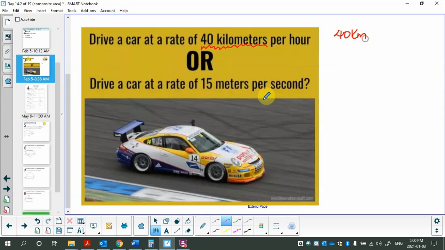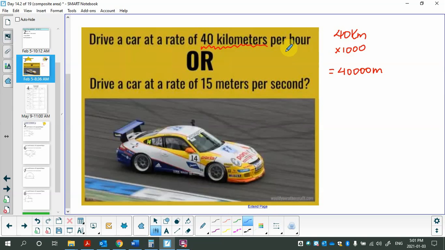If you know your metric conversions, you'll know that there are 1,000 meters in a kilometer. So I can times this by 1,000, and that will give me how many meters I'm driving in an hour.